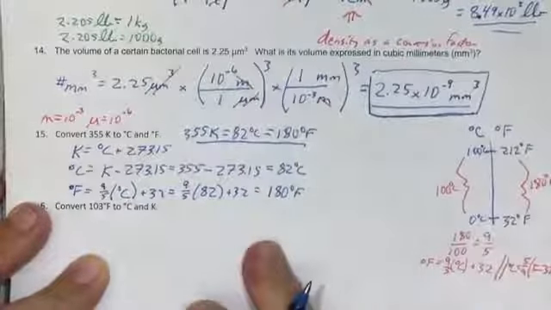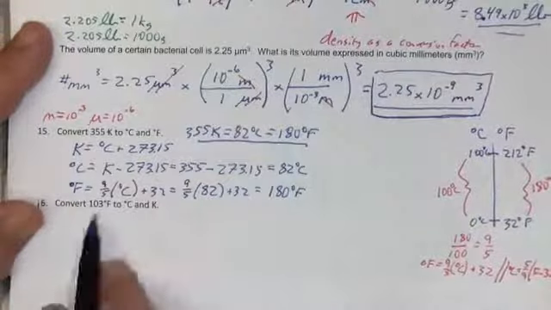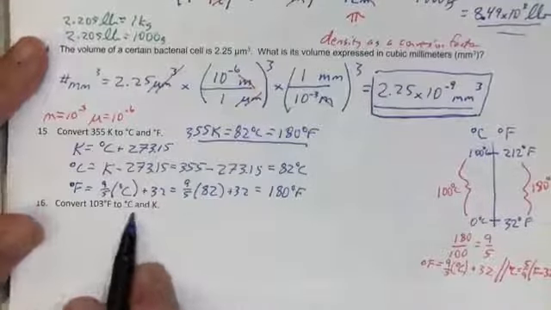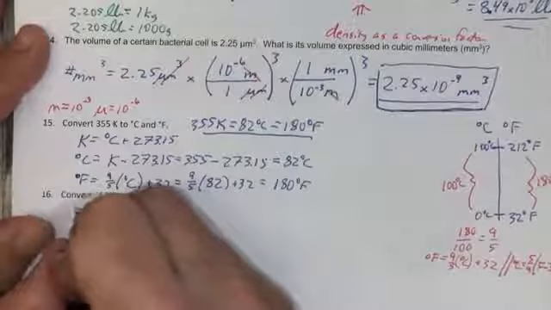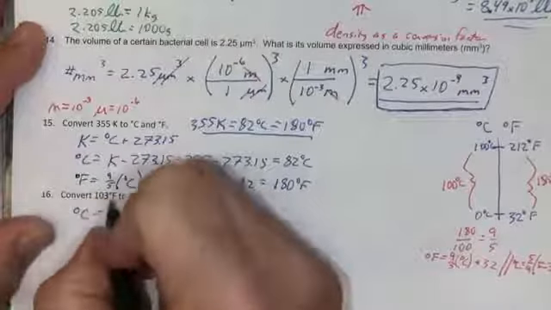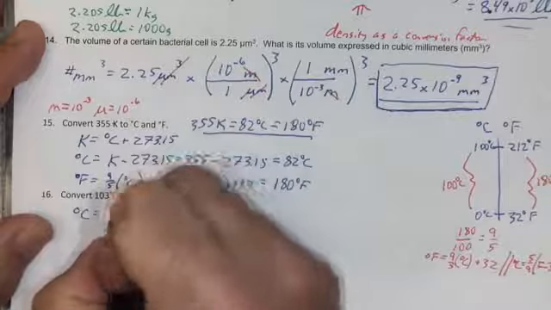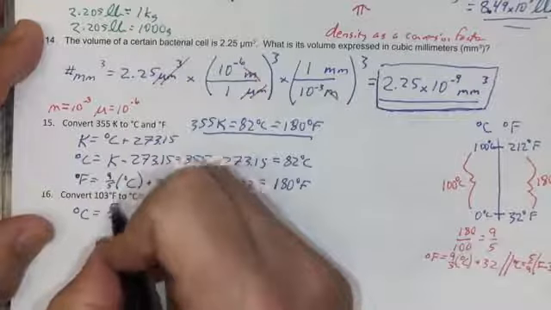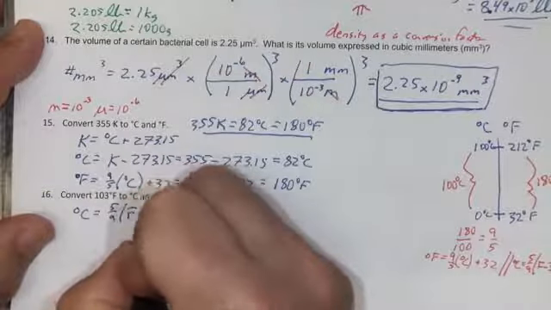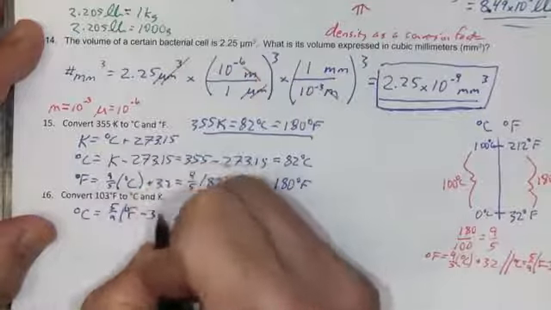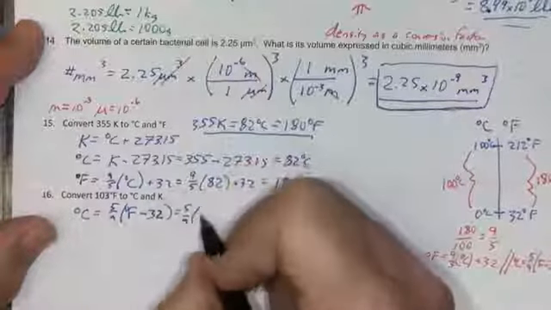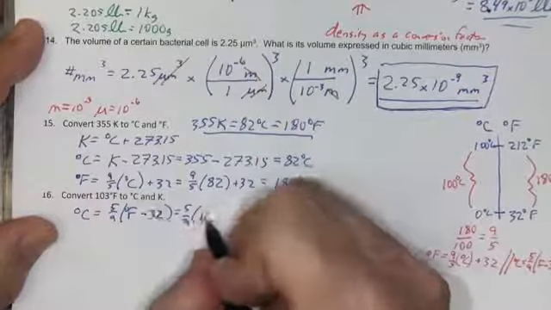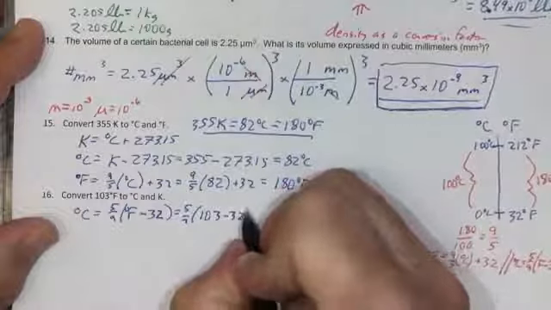So be sure you can do that conversion. Now, to convert Fahrenheit to Celsius and then to Kelvin, first we'll go from Fahrenheit to Celsius. And we use the relationship that the temperature in Celsius is equal to 5/9 times the temperature in Fahrenheit minus 32. So 5/9 times, and the temperature in Fahrenheit is 103 minus 32.